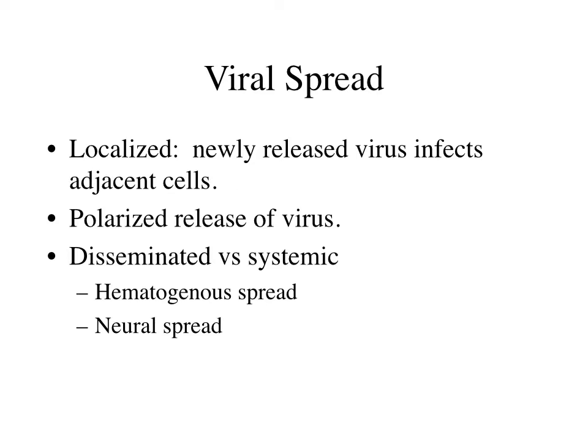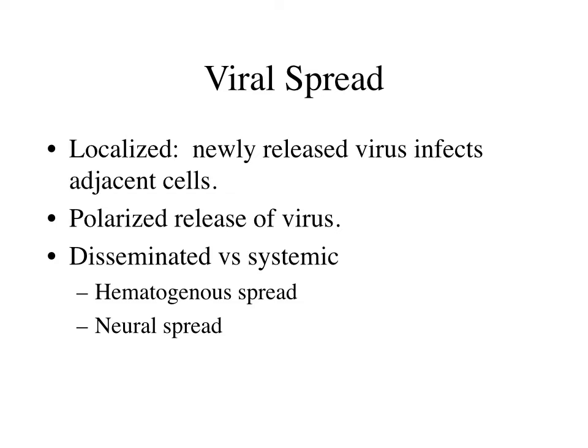Systemic is just a term that's used for a disseminated infection that has really spread widely through the body. But they're not really mutually exclusive terms, so don't obsess too much over the difference between disseminated and systemic.